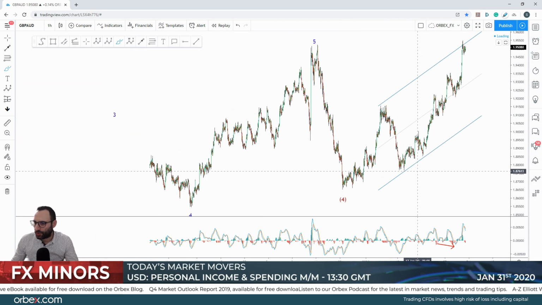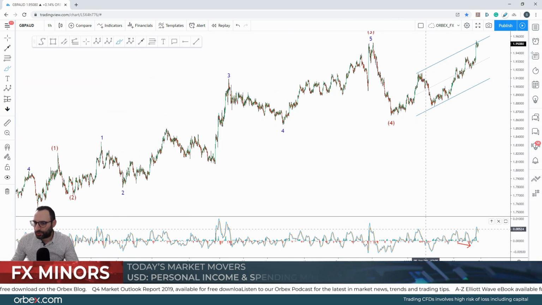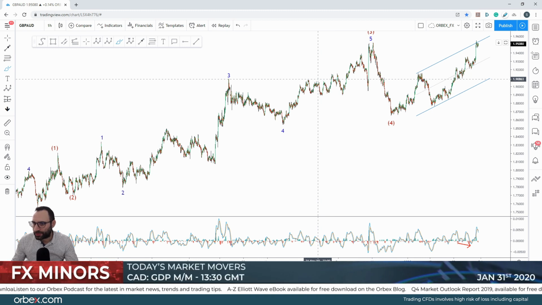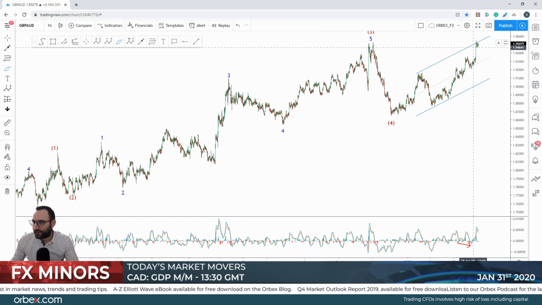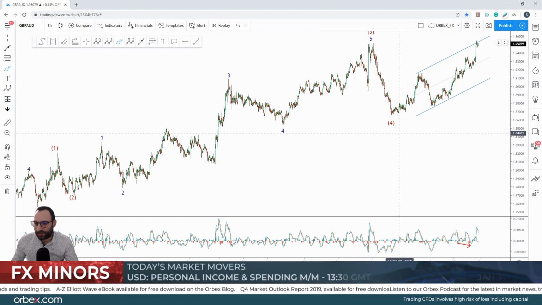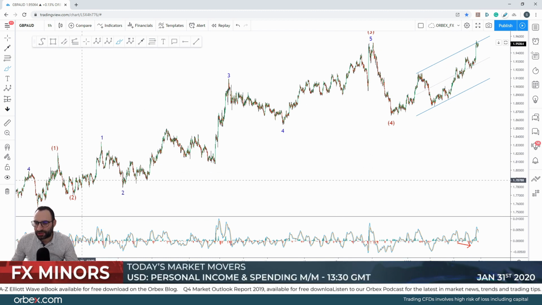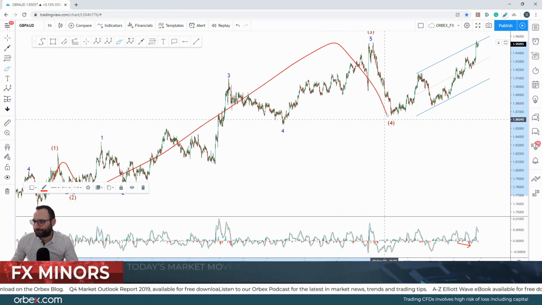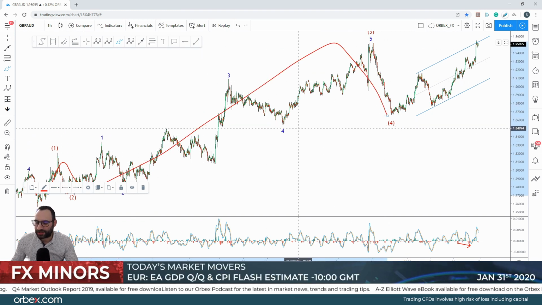And then the pound against the Aussie. As you well know, Aussie has been falling over the past few days on the back of the coronavirus. Pound rose yesterday. We had a very good surge following the BOE decision to keep rates unchanged. The structure here remains similar to what we've seen a few weeks back.